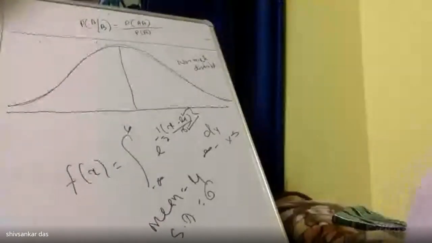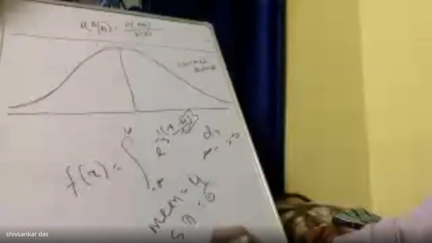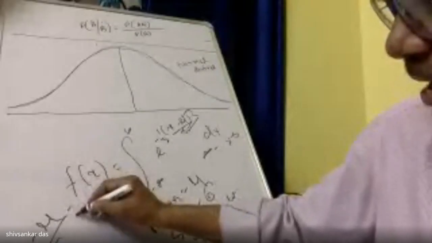I'll take only 5 minutes. If I change the origin to make it very easy, that is called the standard normal variant. Here, x minus mu by sigma, let us call z.